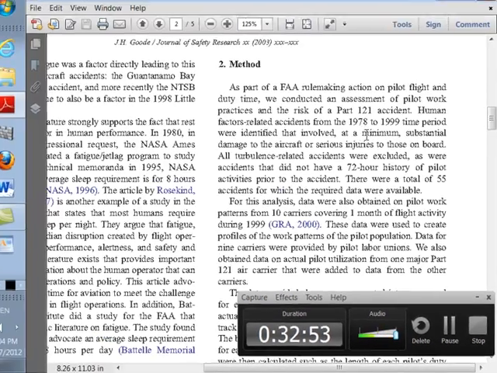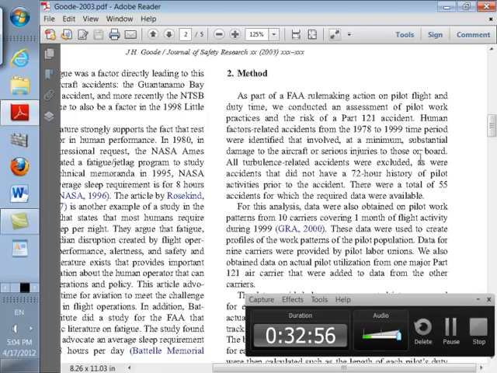Accidents were recorded from 1978 through 1999. And what did they call accidents? Significant or substantial damage to the aircraft, at least. So that's what they called an accident. Turbulence-related accidents were excluded because those can involve significant damage, especially during landing or takeoff.